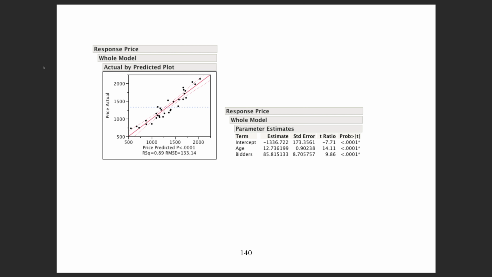You may remember that T ratios bigger than about 2 will usually be significant. So this is very strongly significant as assessed by the observed significance level. So there's essentially no argument that there is a linear component with age and a linear component with bidders, and that overall we end up with a model which works quite well.